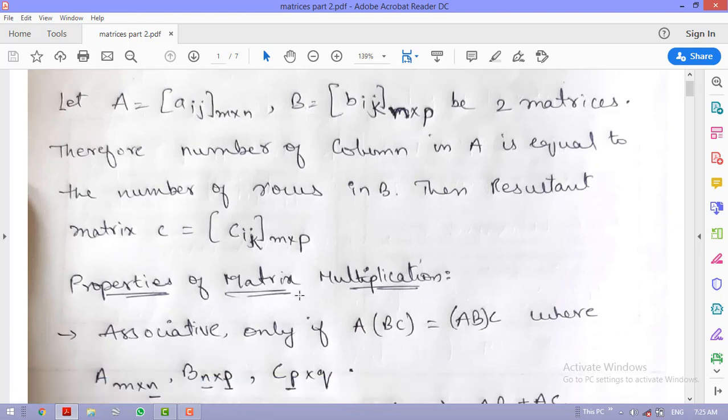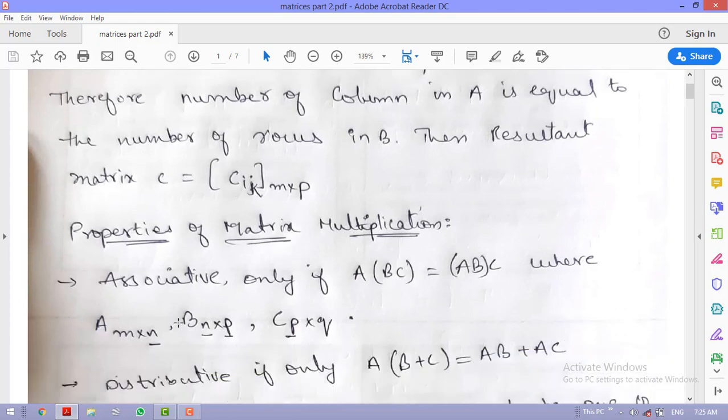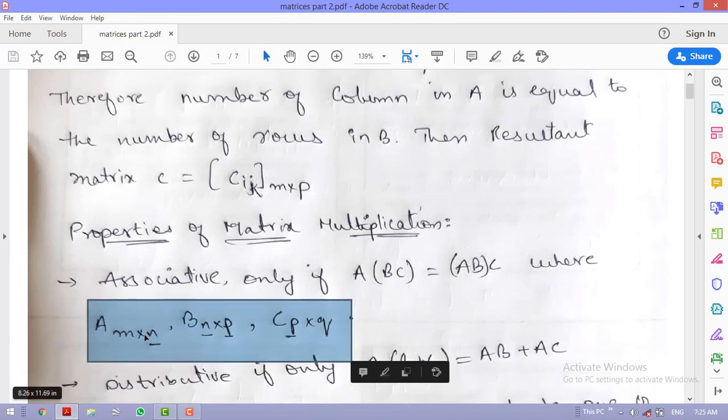Okay, so here it says that matrices are associative if A(BC) is equal to (AB)C, where the first matrix column should be equal to the second matrix row and the second matrix column should be equal to the third matrix row.